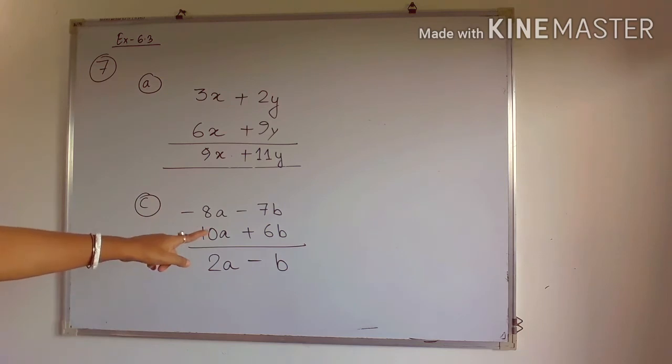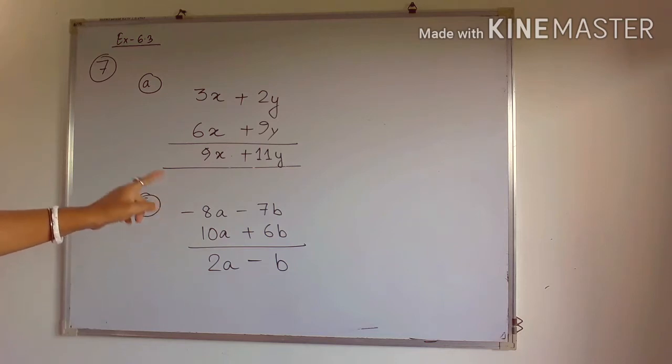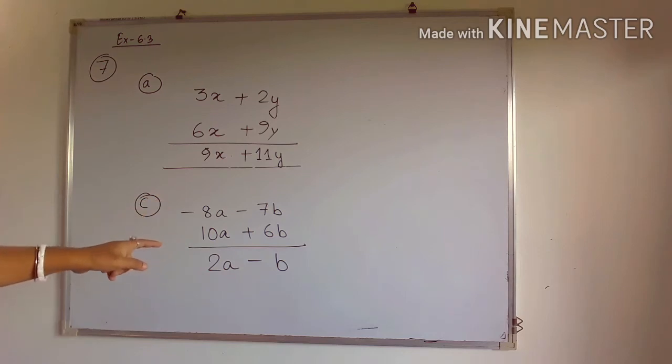See here 6b is plus and 7b is minus, because before 7b we have a minus symbol. So both are opposite in symbol, that's why we have to find the difference. So 7 and 6, after finding the difference we will get 1b, or we can write b.